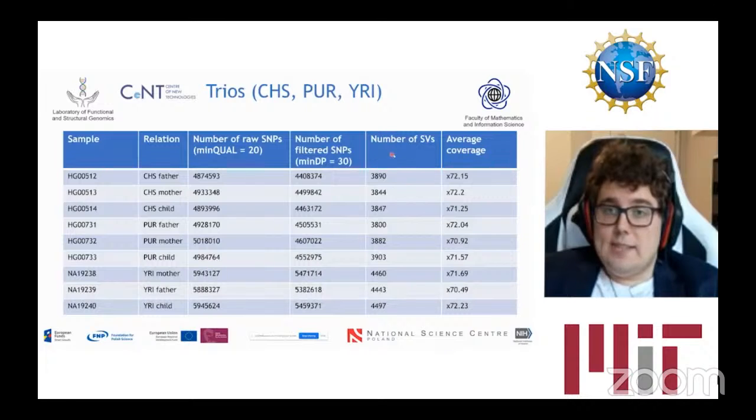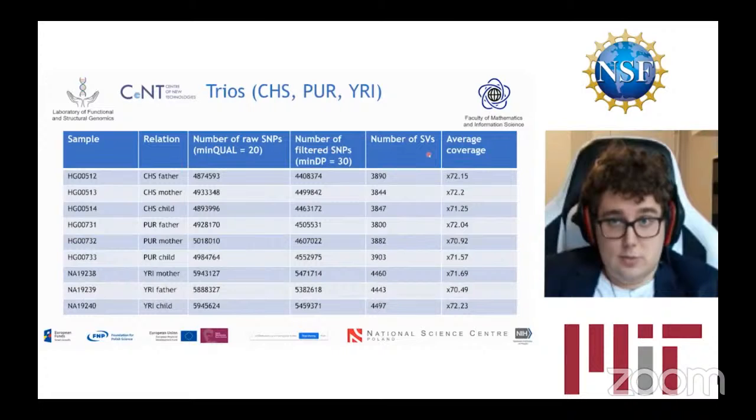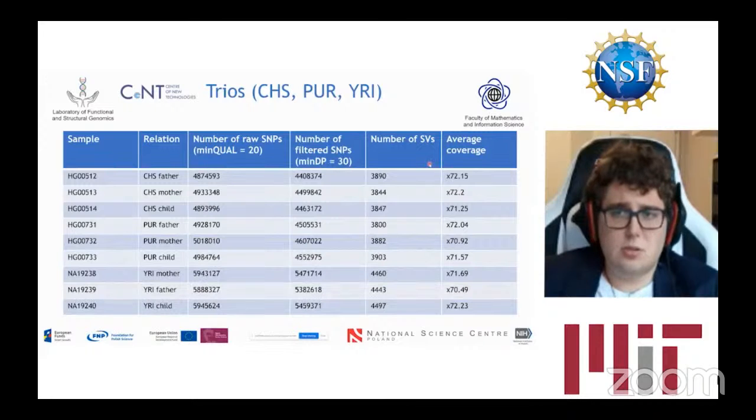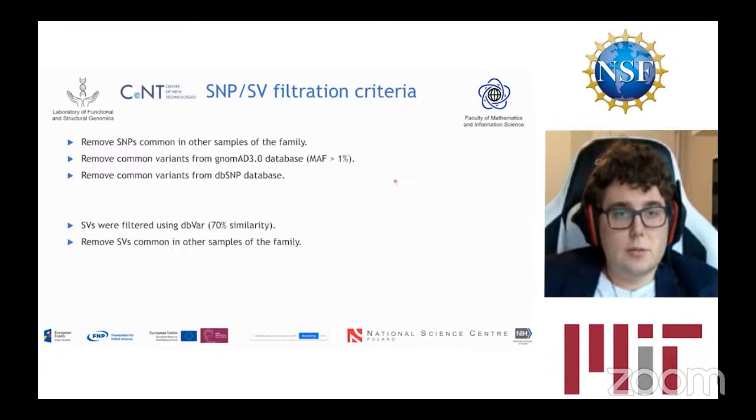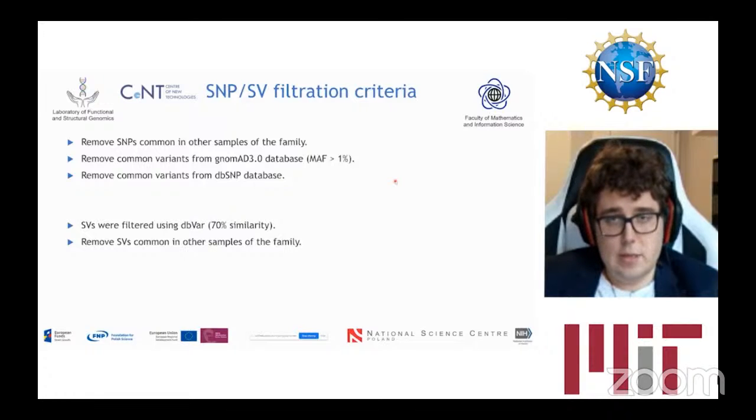We also present there the number of SVs that were discovered in the whole process of getting the consensus by the tool that we developed, and the average coverage of the samples, which is pretty basic. I also mentioned in the previous slides that you can filter using the functional analyzer.